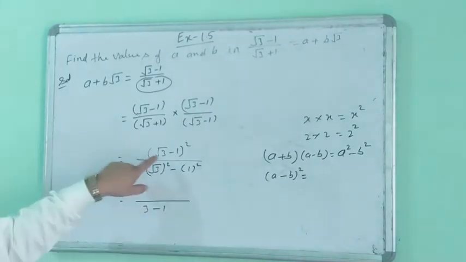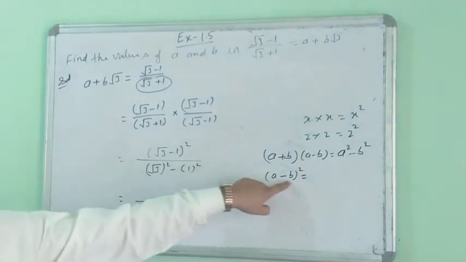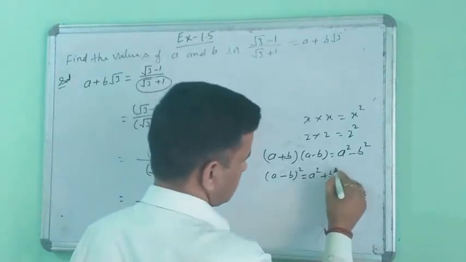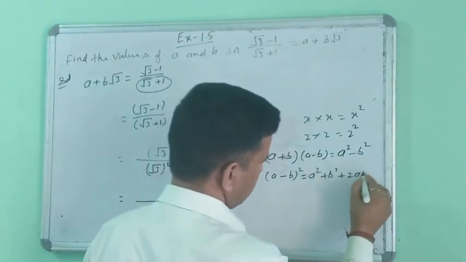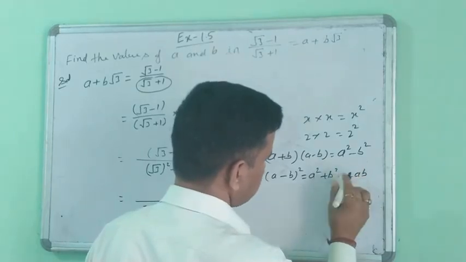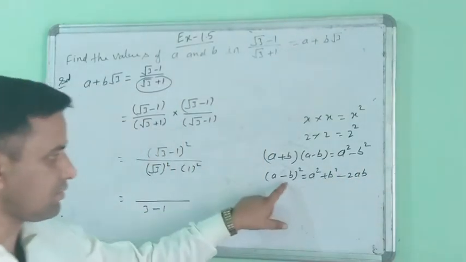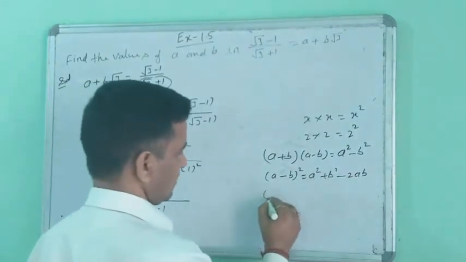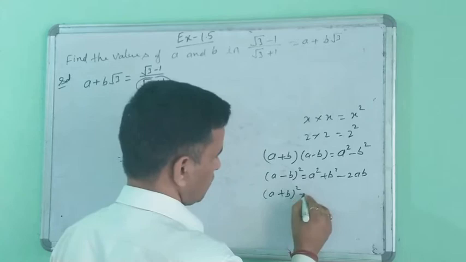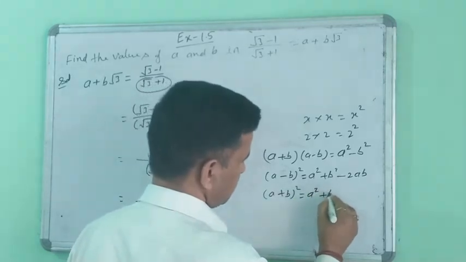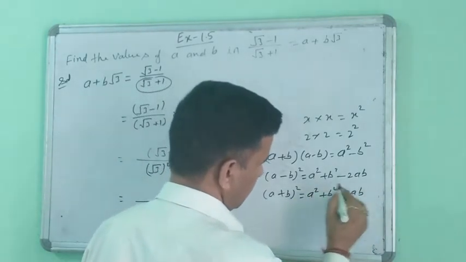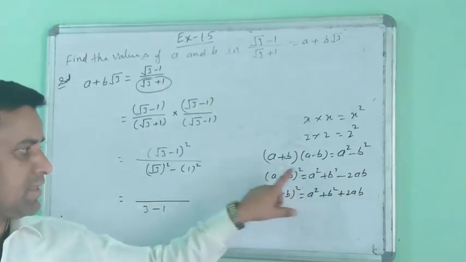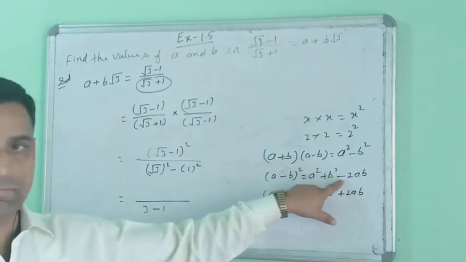You will write a square plus b square minus 2ab. Here there is a minus sign, so use minus. Suppose you have a plus sign, then you use a plus b whole square, which is a square plus b square plus 2ab. If there is a plus sign in this place, use plus. If there is a minus sign, use minus.